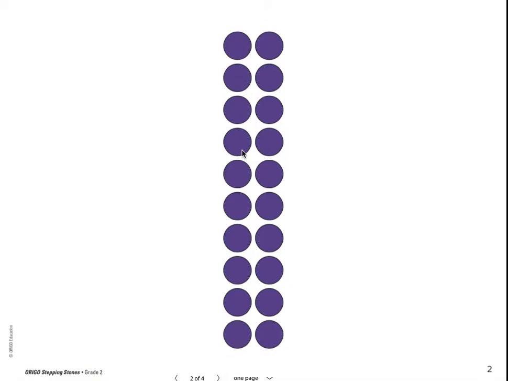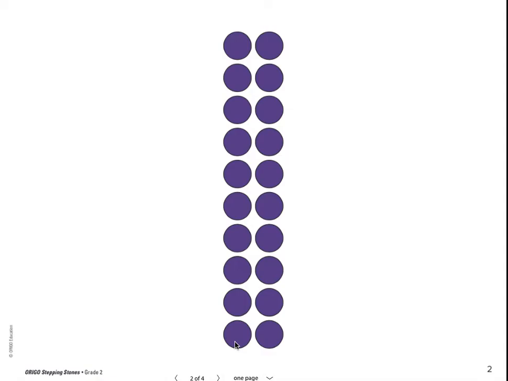A column goes up and down, 1 column, 2 columns, right? And if we look at just this first column, we see 1, 2, 3, 4, 5, 6, 7, 8, 9, 10 is in one column. And we know this is an array because they're in equal columns and equal rows.